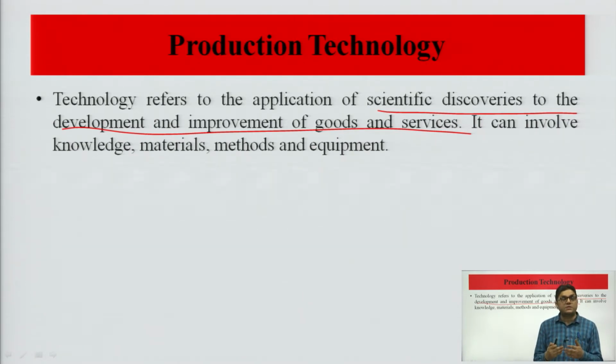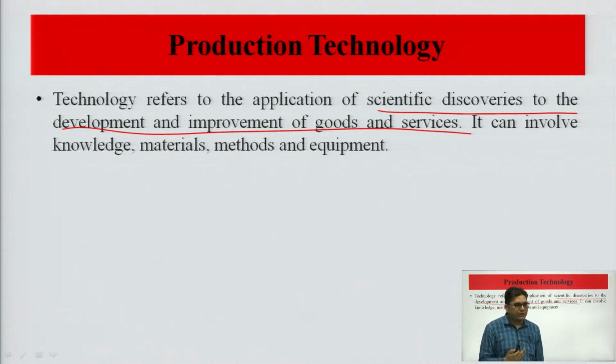Over a period of time, because of advancement in science, new technology comes into existence, and if this advanced technology is applied in manufacturing or production, then the productivity of the organization is going to be highest.